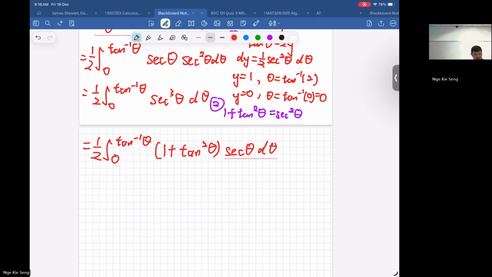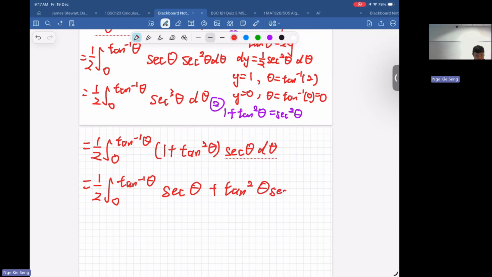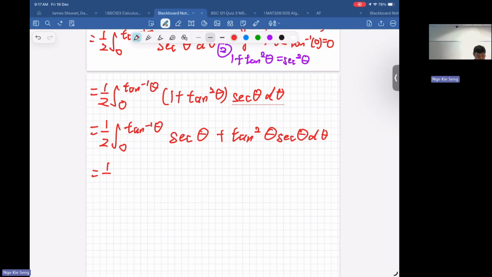Then it will become secant theta plus tangent square theta secant theta. Okay, but I think we integrated secant theta before. This term we know, but how about the next term here?